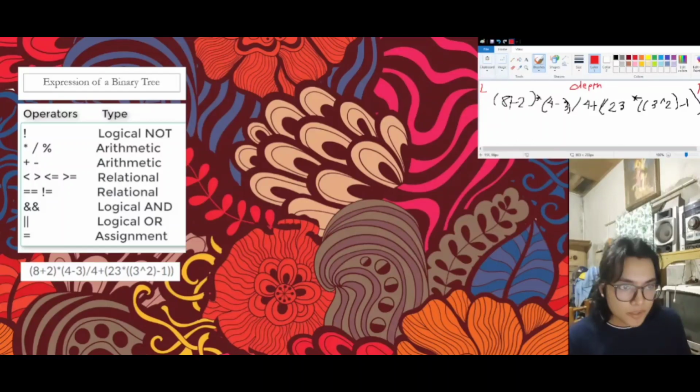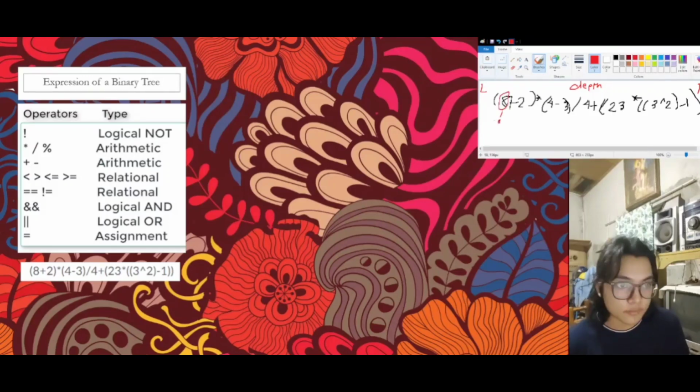So for each node, we're going to measure their depth. So we're going to start with the left first. Since this is enclosed in parentheses, we're going to start with 8 first, which has a depth of 0.